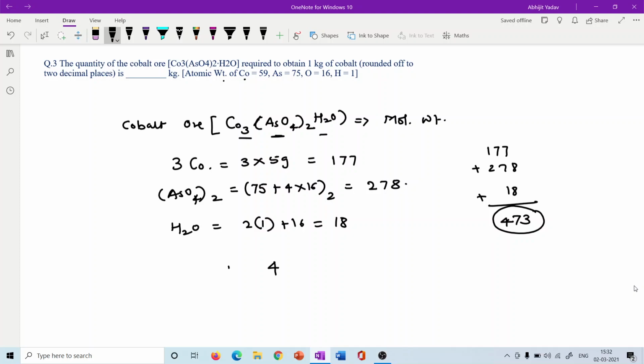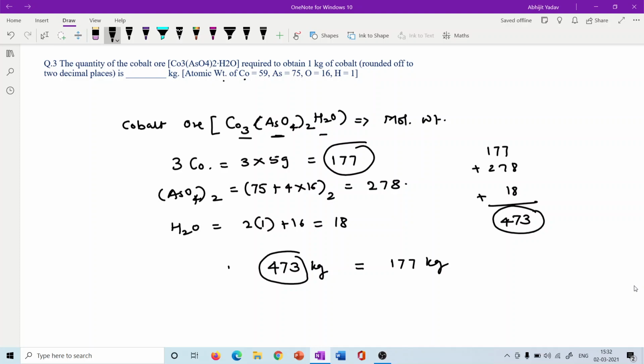Now see what exactly happened. The ore which has the molecular mass 473, when I take this kg of ore, how much cobalt have I extracted? It is 177 kg.